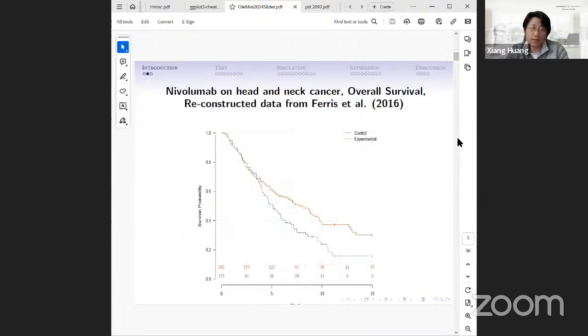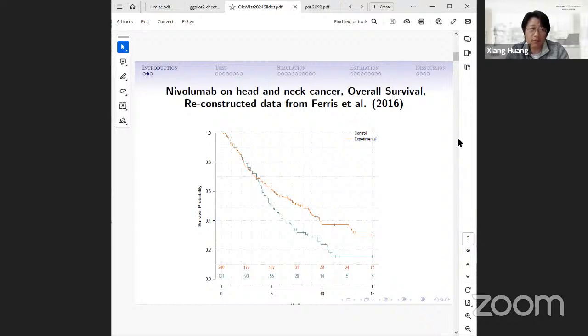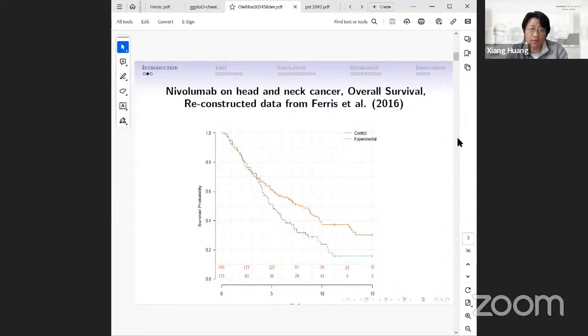And then we'll have some discussion. The motivation is that in the cancer community, the hot topic is how to design effective immunotherapy. The difference between immunotherapy and other traditional therapy is that there is a delayed treatment effect in immunotherapies.